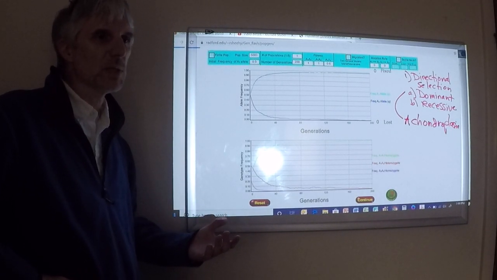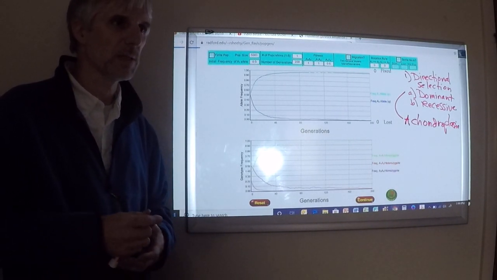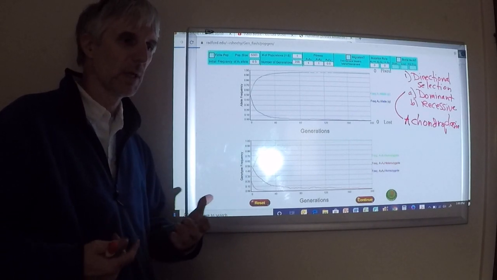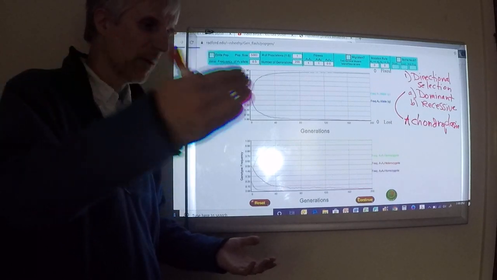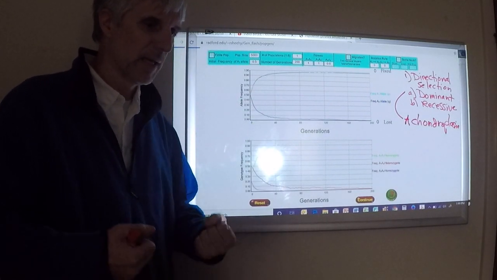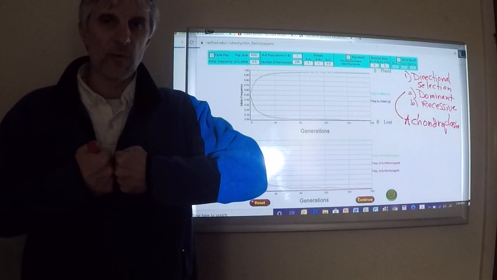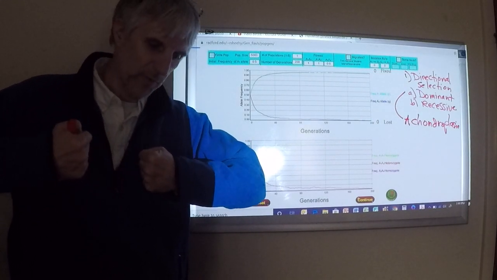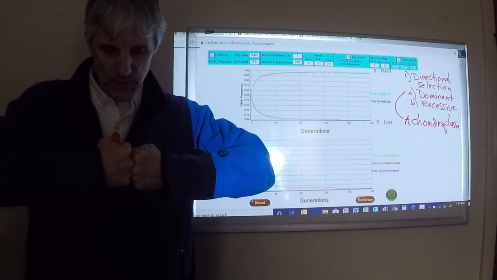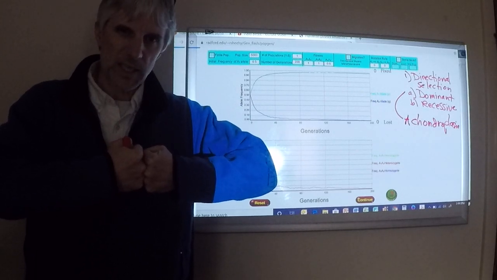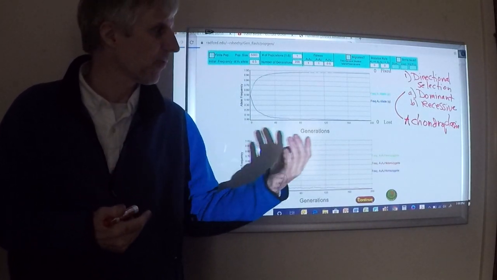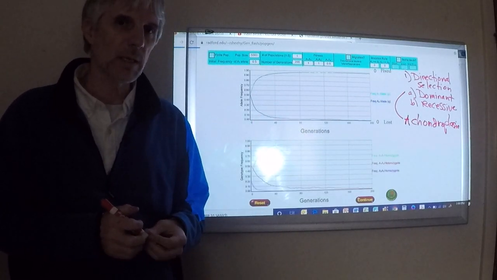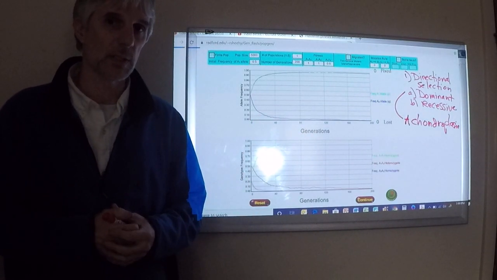Because every time selection removes the achondroplasia allele from the population, mutation dumps it back in, selection removes it, mutation dumps it back in, and the rate of removal and the rate of introduction into the population balance out like a dynamic equilibrium to give you a finite frequency of these dominant alleles due to mutations.